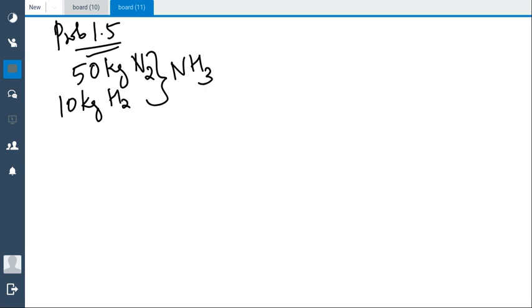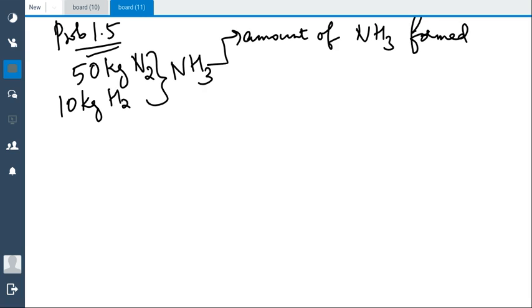First, we need to calculate the amount of ammonia formed using these reagents. Second, we need to find the limiting reagent.